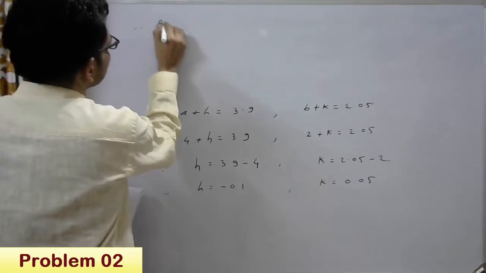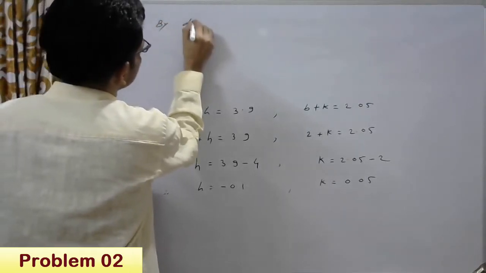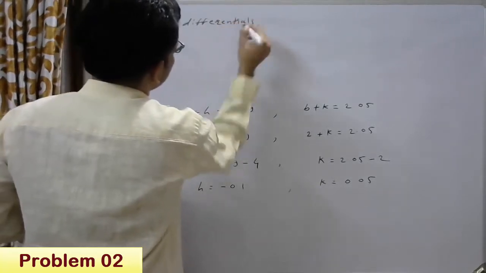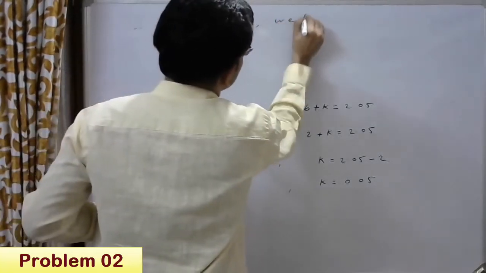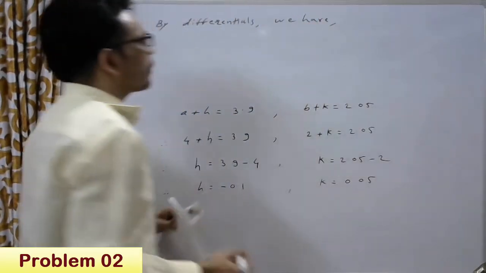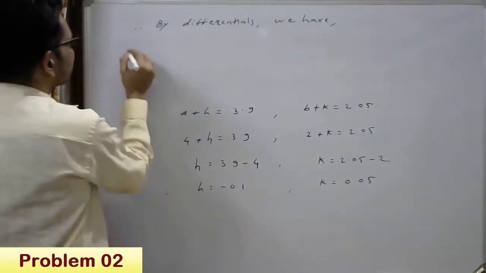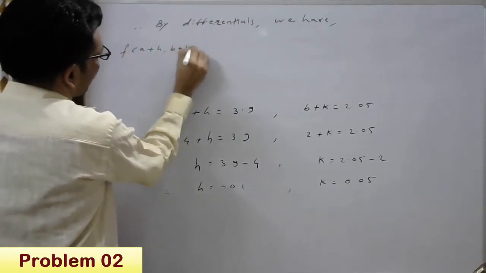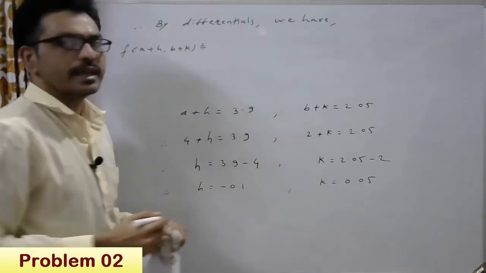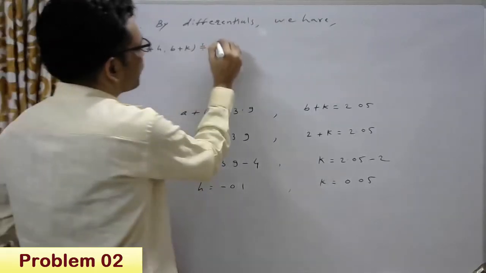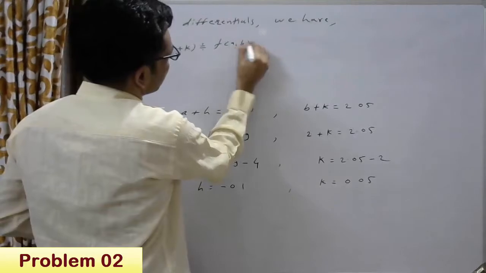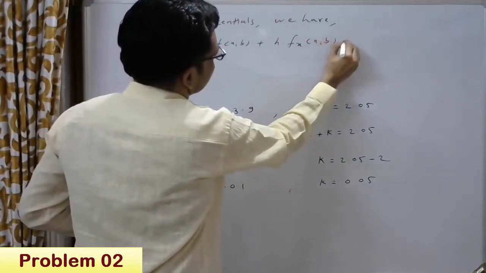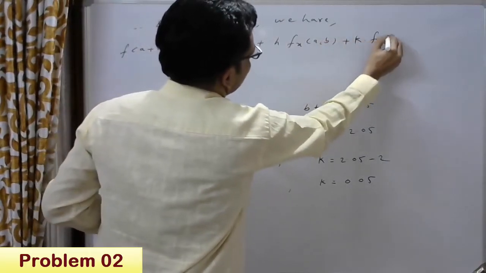Therefore, by differential, we have f(a+h, b+k) approximately equal to f(a,b) + h·fx(a,b) + k·fy(a,b).